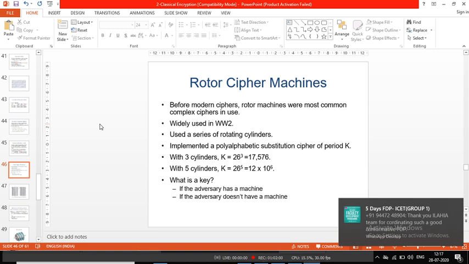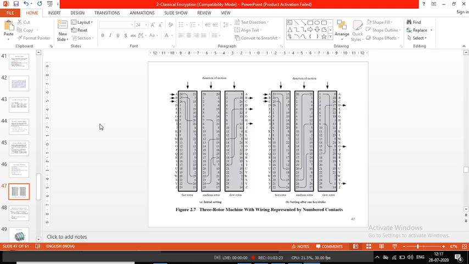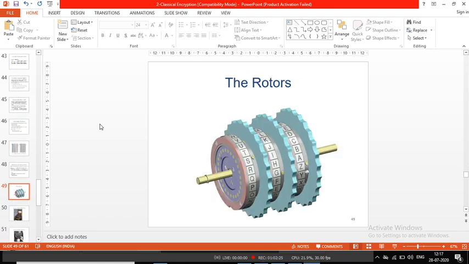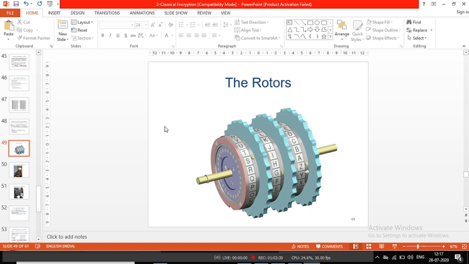If he rotates the keywords and the keys are the same, the data inside that box, inside that roller, will be shown to him. If he gives the correct key, that data will be shown. So that is called a rotor machine.